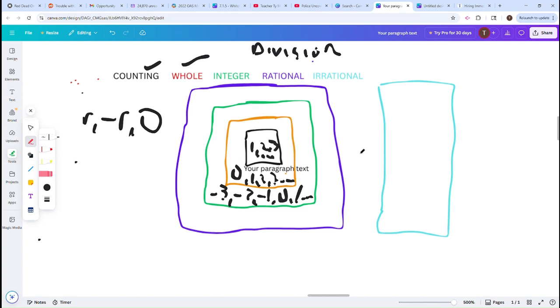So let's take one number that we see in each one of these boxes here. Let's take the number 3. All right, we see the number 3 in each one of the boxes, black, orange, and green. Is 3 a rational number? Well, it is, so spoiler alert. But let's see. Is 3 an answer to a division problem?